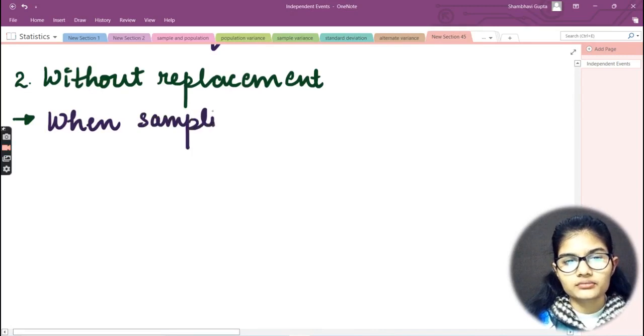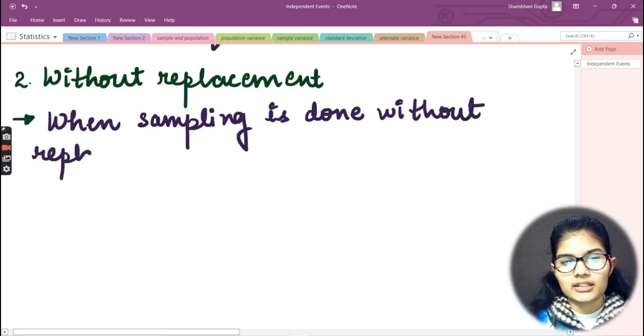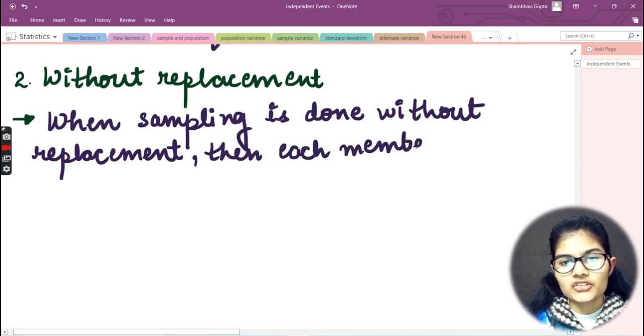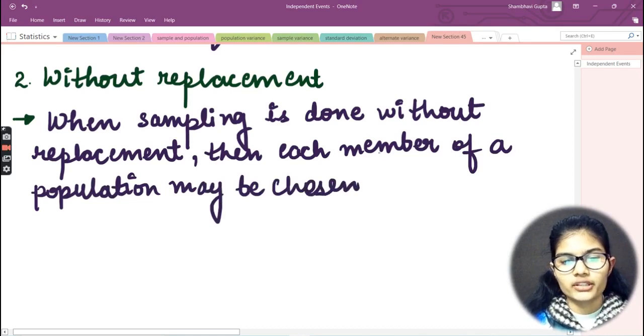Now here goes that when sampling is done without replacement, then each member of a population may be chosen only once.